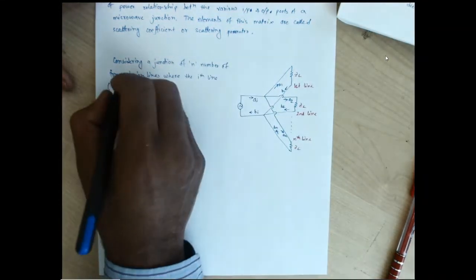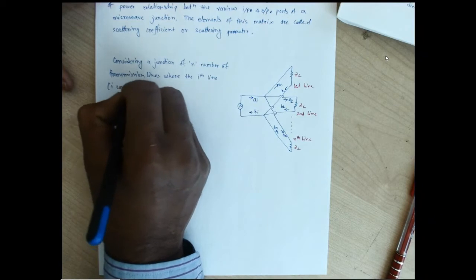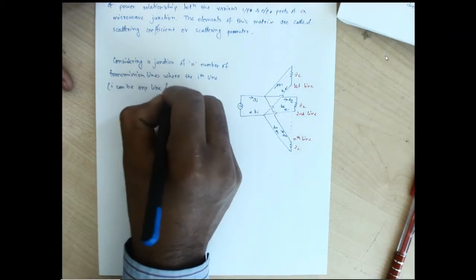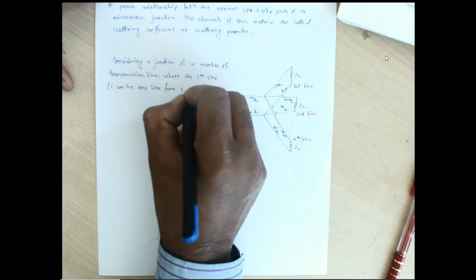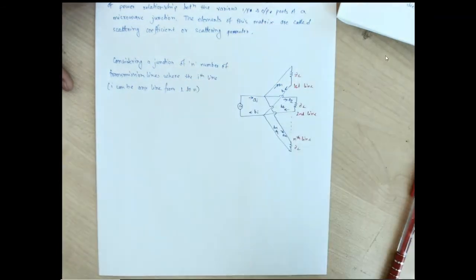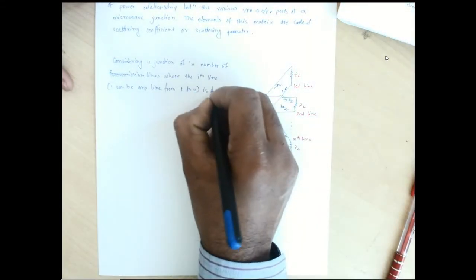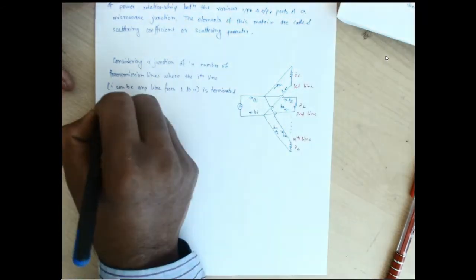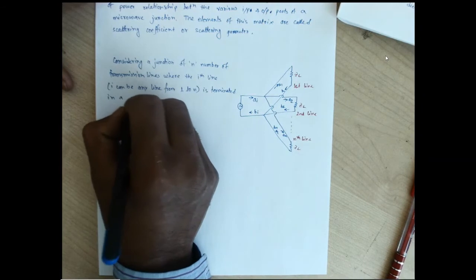This i can be any line from 1 to n, any line. So any line can serve as a source, any line can serve as a load, terminated in a source.